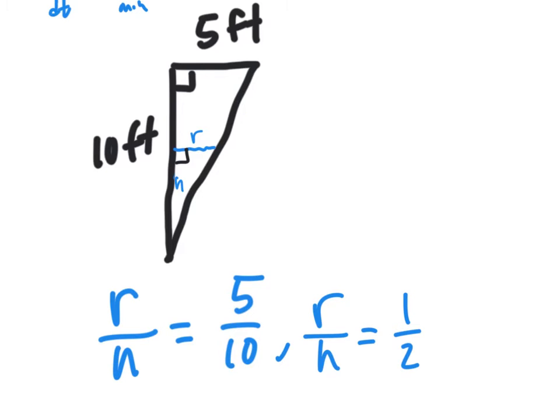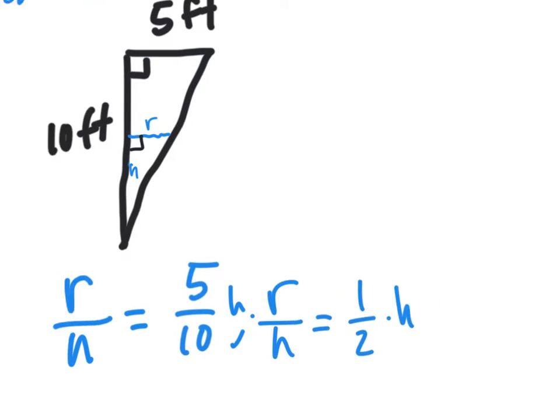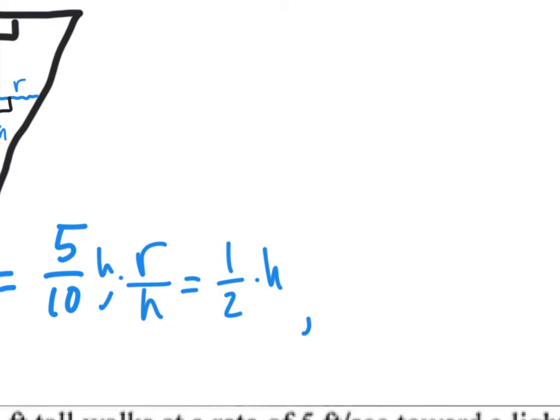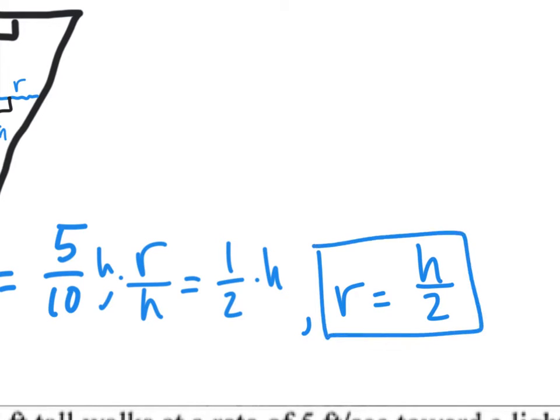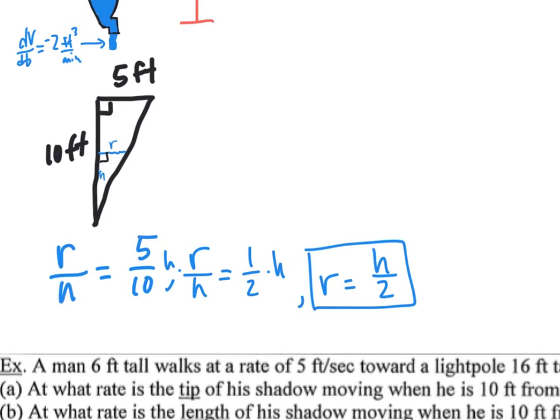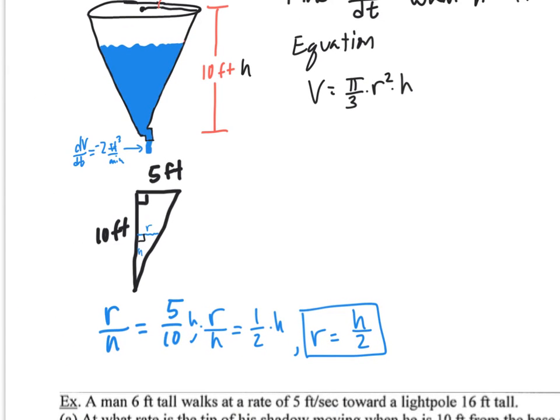And if I multiply both sides by h, I end up getting this equation over here: r is equal to h divided by 2. And so this is going to help me answer this question, because if I know that I have this proportional ratio, I can take this equation, r equals h over 2, and substitute it in for r over here.